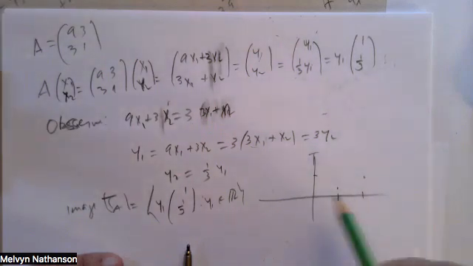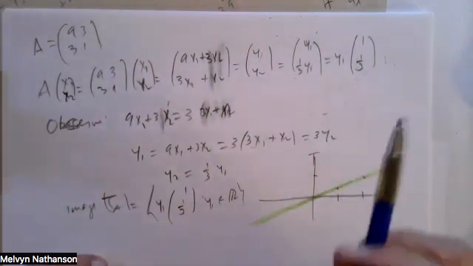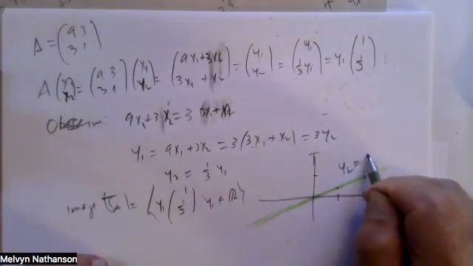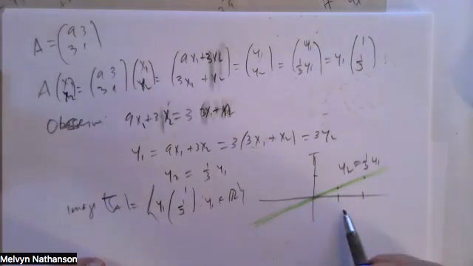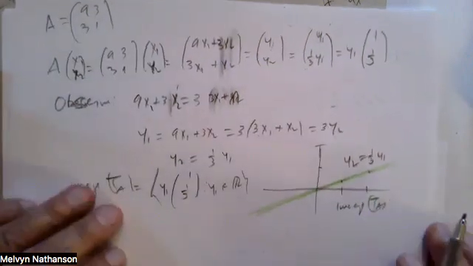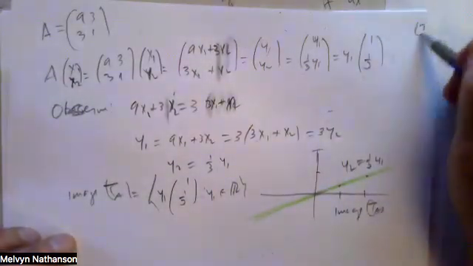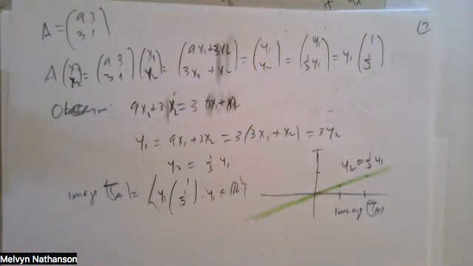It's this line through the origin. So this is the line y2 equals a third y1. That's the image of T sub A. Does that make sense? Yes, that makes sense. Thank you. Okay.